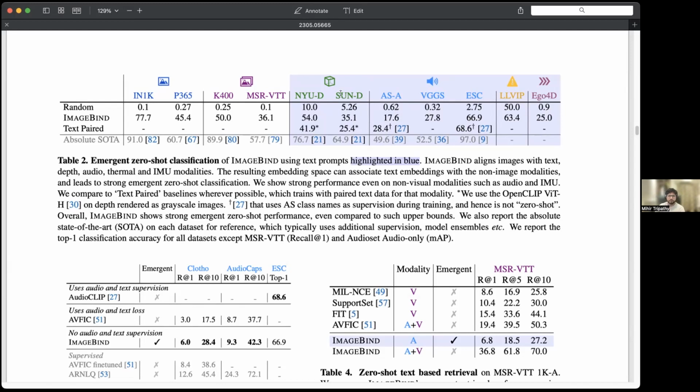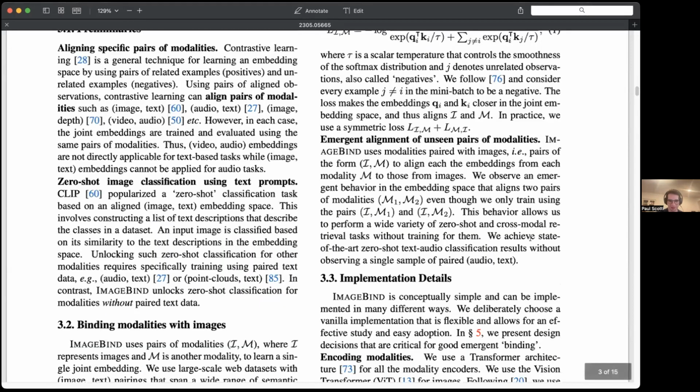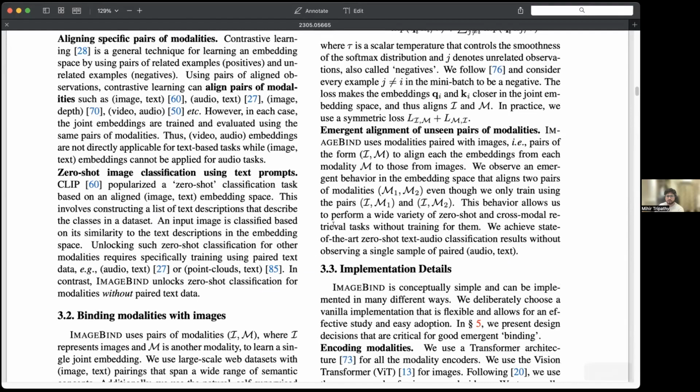If you're looking at the table, then none of it actually surpasses the absolute state of the art. Maybe someone can figure it out and post in the Discord if they find it.